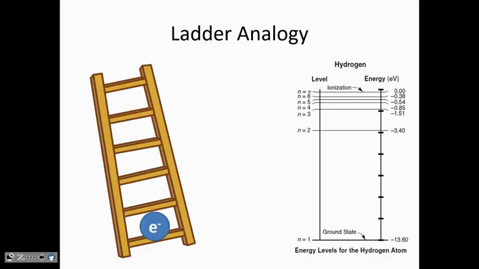When we're working with these energy level diagrams, a good analogy to think about is the ladder analogy. So say that you're an electron and you're trying to climb up the energy ladder. If the electron starts at the bottom rung, it starts in ground state, and it can move up to a higher energy level by jumping from one orbit to another.